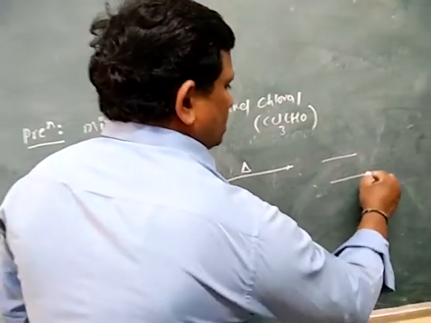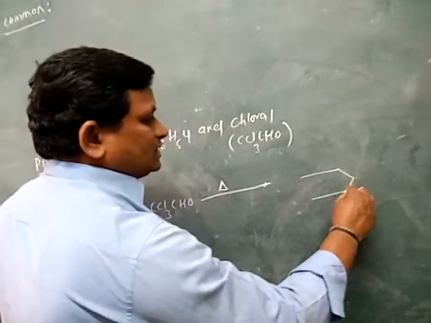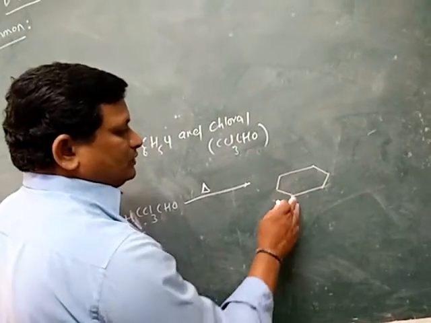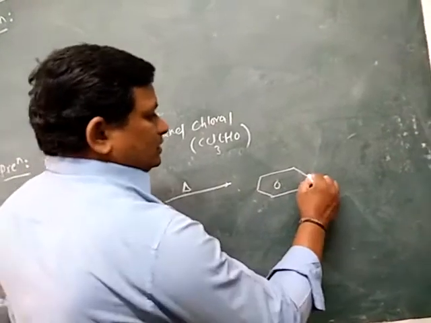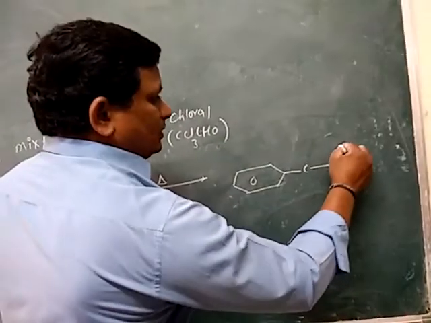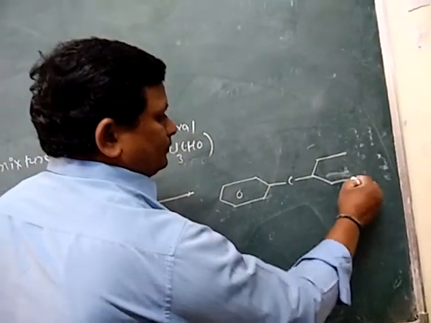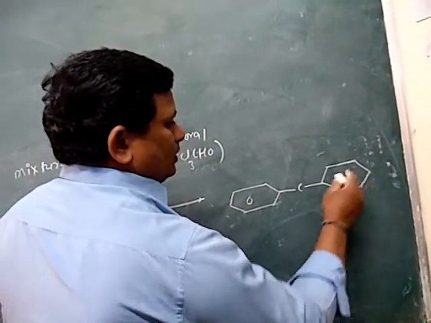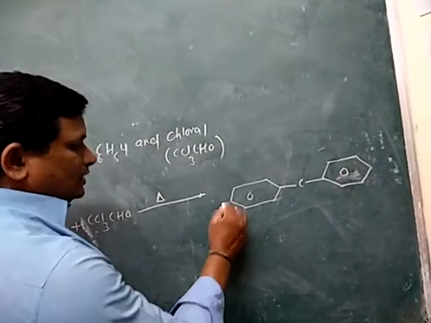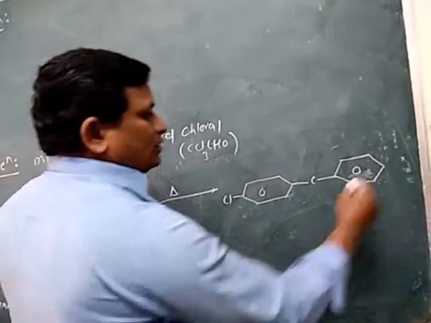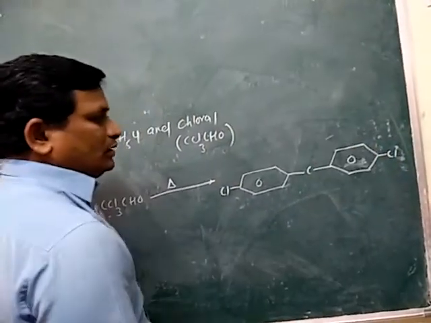Now the structure of DDT. It is a carbon with 2 phenyl groups, each phenyl with 1 chlorine.